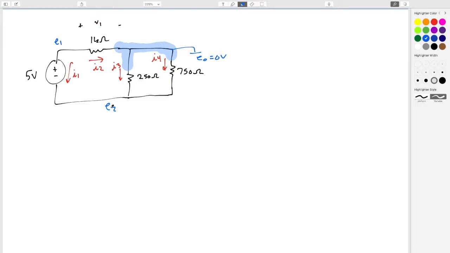Then I have two other nodes left over, E1 and E2. Both of them are connected to a voltage source, and around that voltage source we can produce what we call a supernode. Let's label it in that hot pink color. So this whole thing can actually be just one giant supernode, and it's made up of two smaller nodes.